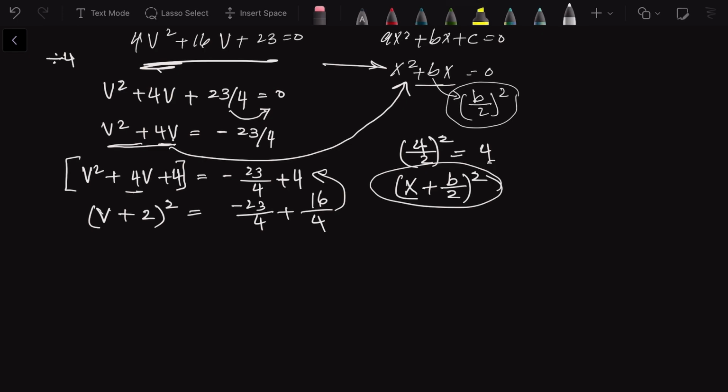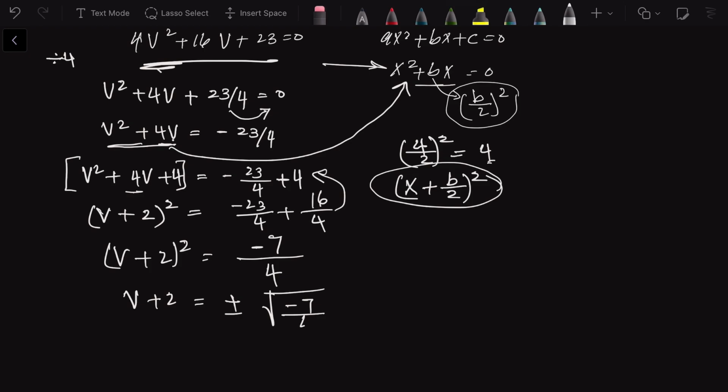So let's simplify this. It will be v plus 2 all squared equal to, take the 4 as the common denominator, minus 23 plus 16, that's minus 7 over 4, right? And then v plus 2 will be equal to, take the square root of this, plus or minus, because it's a square, the square root of minus 7 over 4. So this is exactly like minus 1 times 7 over 4.